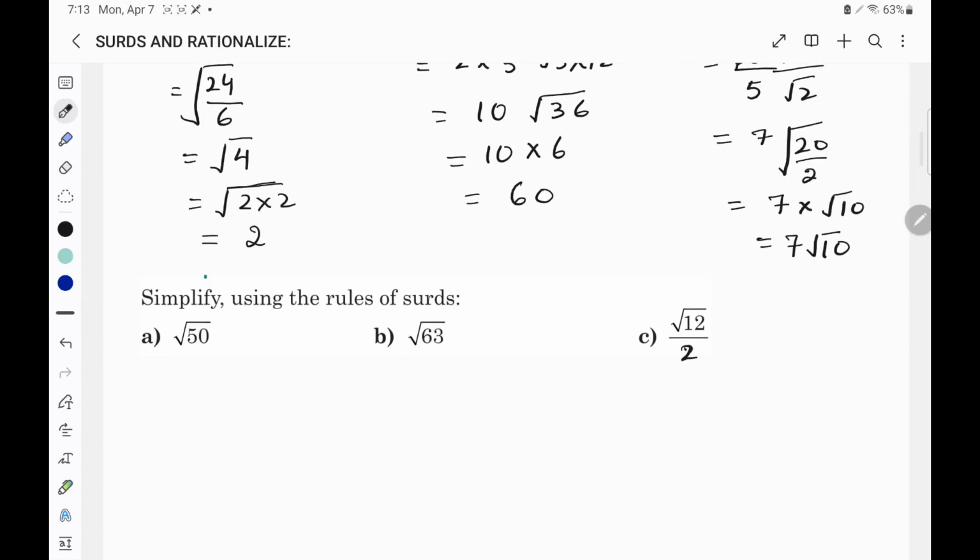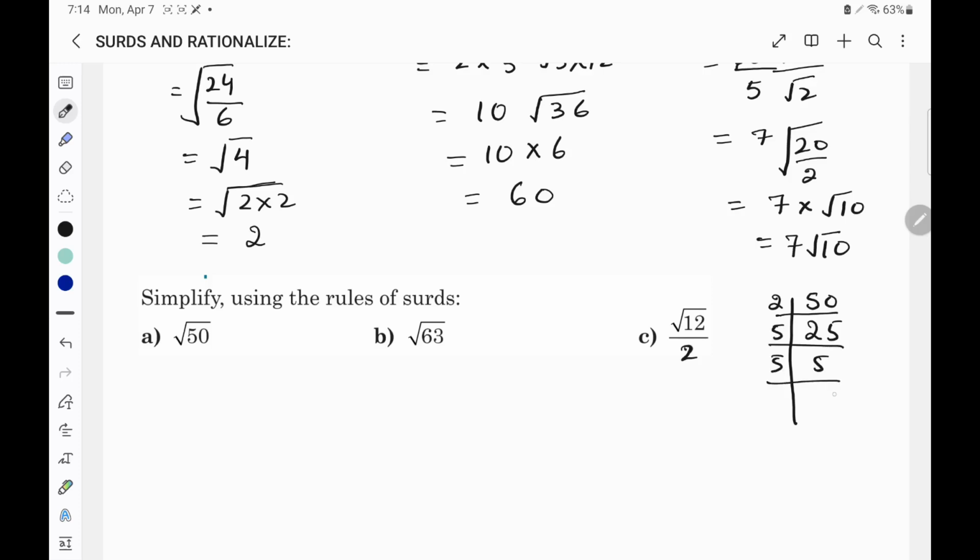Okay, now in the other question, simplify using the rules of surds. In this question, square root 50 is written. So keep in mind some numbers, like 25 times 2 is 50. If you don't remember, then you can do it like this. 50, take the 2 times table, 2 times 25, and here you can stop, or if you don't remember, go further.